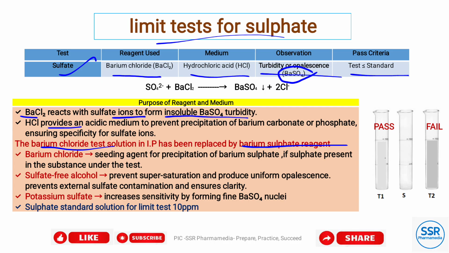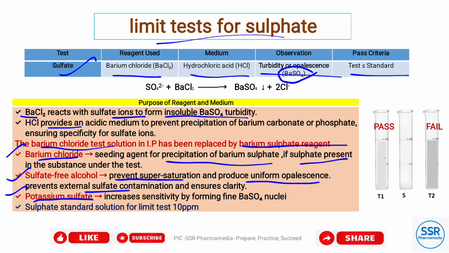In that barium sulfate reagent, there are three components: barium chloride, sulfate-free alcohol and potassium sulfate. Barium chloride acts as a seeding agent for the precipitation of barium sulfate, if sulfate is present in the substance under test. Sulfate-free alcohol prevents supersaturation and produces uniform opalescence or turbidity, and prevents external sulfate contamination and ensures clarity.